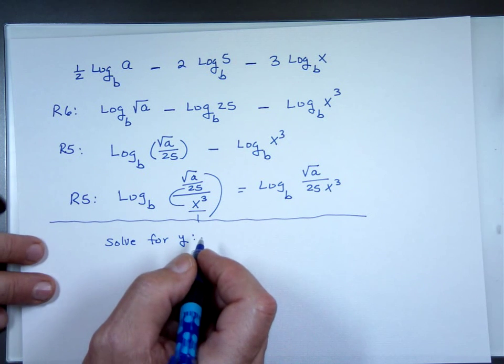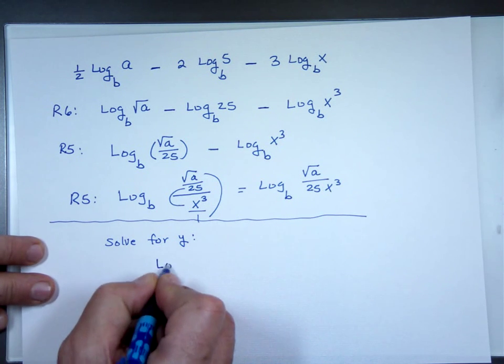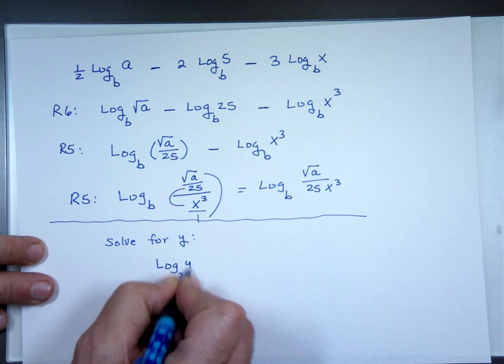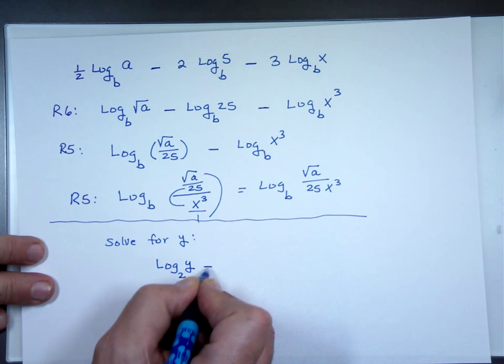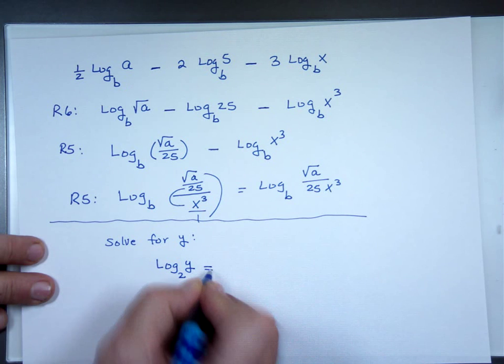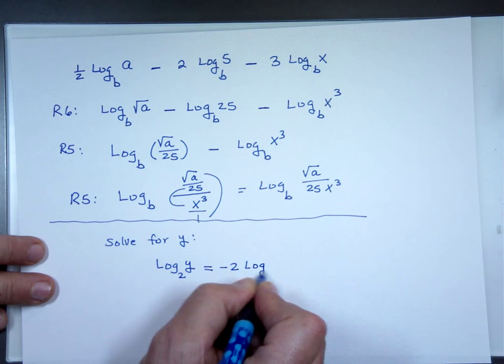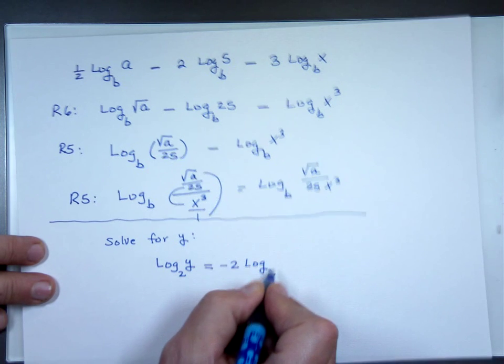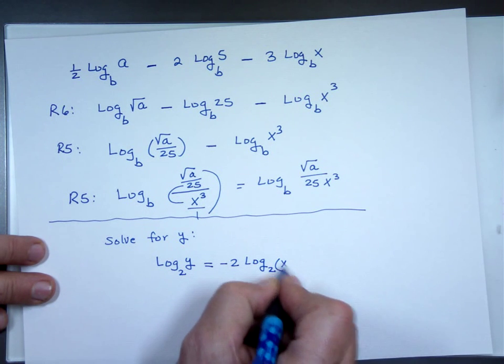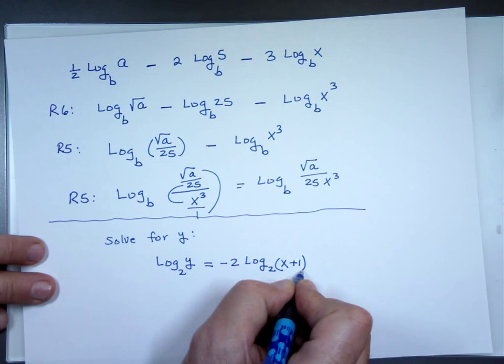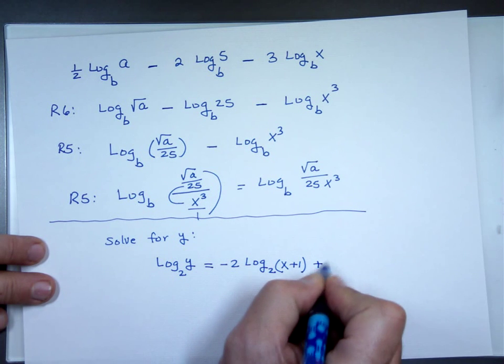Log base 2 of y equals negative 2 log base 2 of x plus 1 plus log 7 base 2.